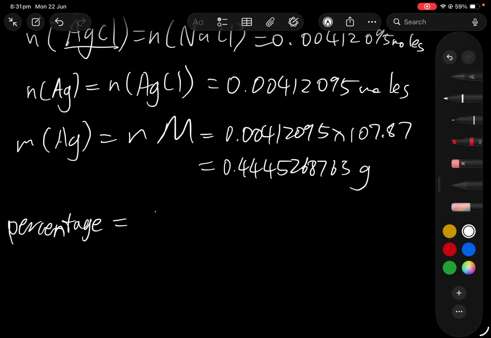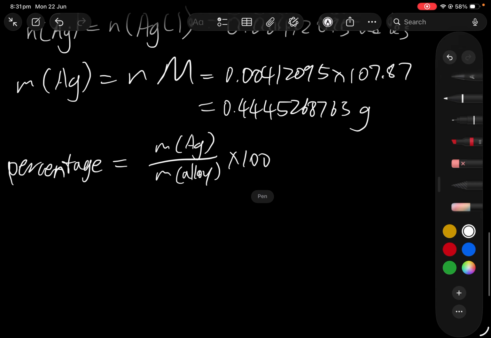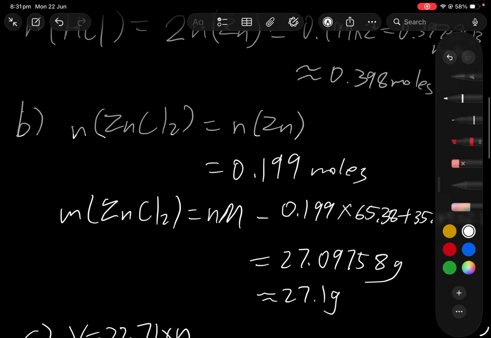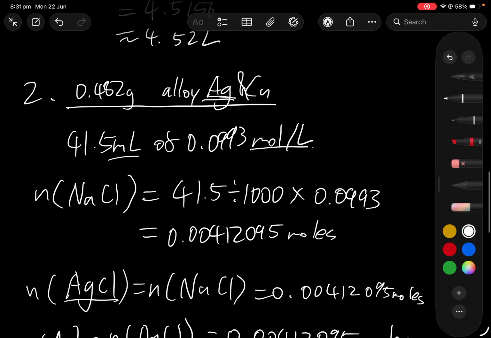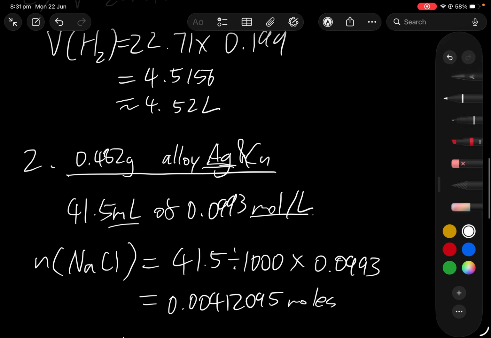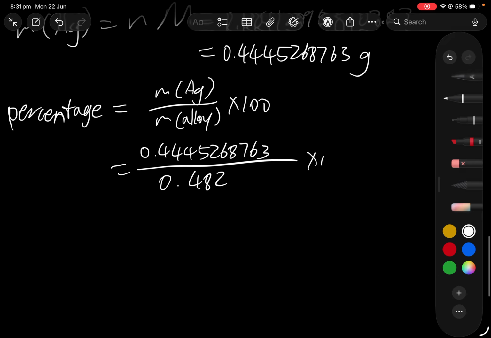Percentage equals mass of Ag over mass of alloy times 100, which equals 0.4445268763 over 0.482, times 100.